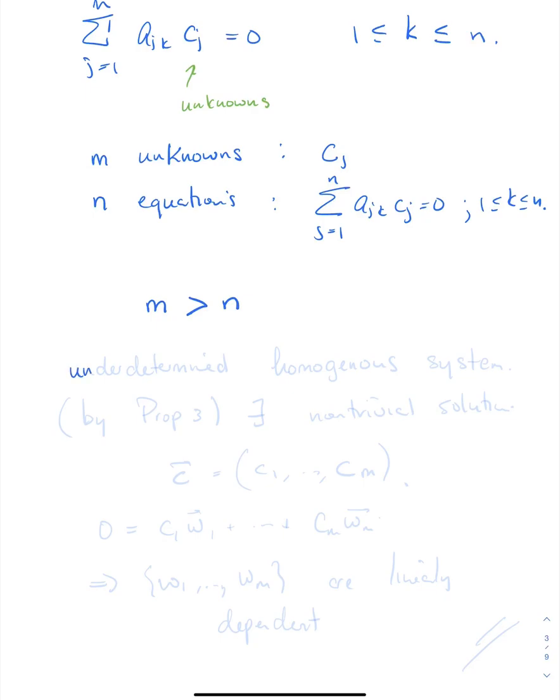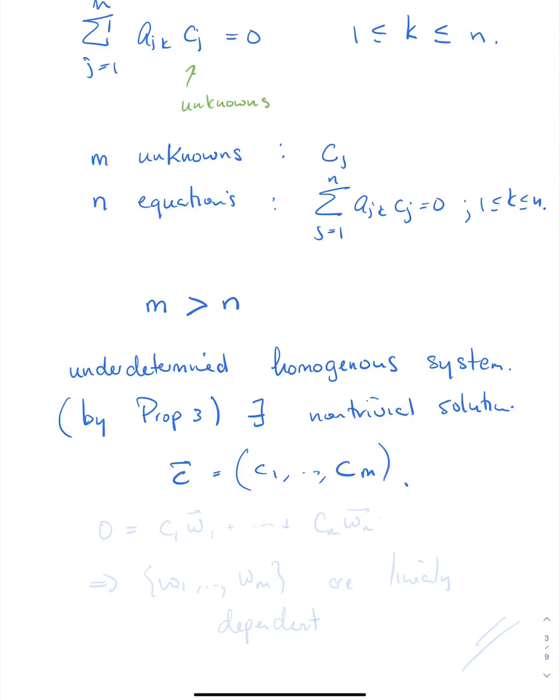So this is going to be an underdetermined homogeneous system. And by an old result, there exists a non-trivial solution, C1 through Cm.